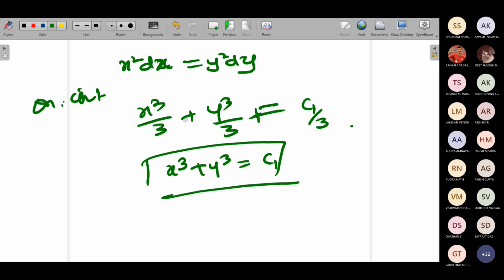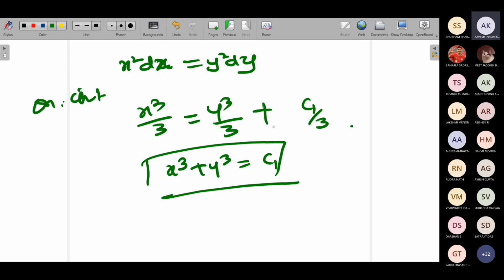Ma'am, it should be minus y cube. Let me write. If you put this as x cube minus y cube by 3, it will not be correct. Wait a minute. Ma'am, if you keep that 3 down, it won't be correct.